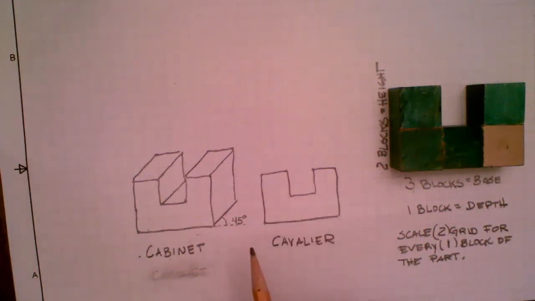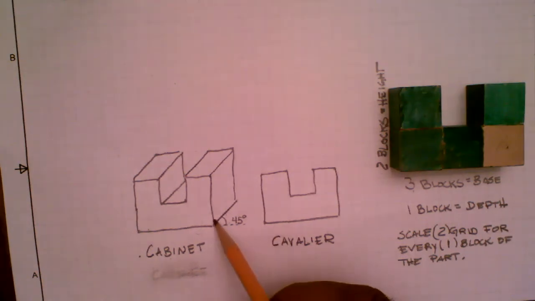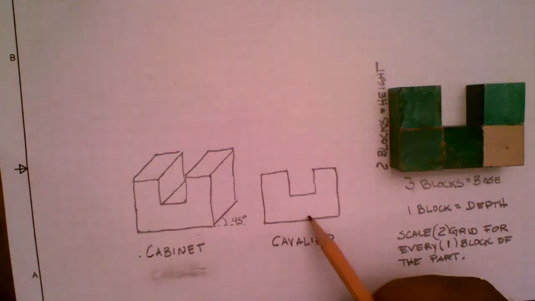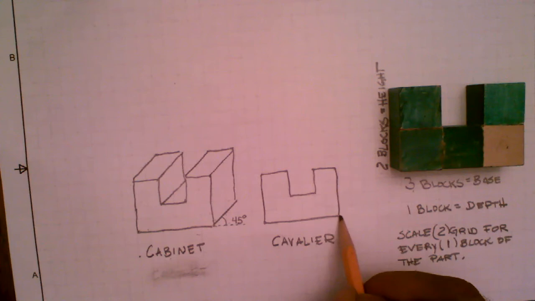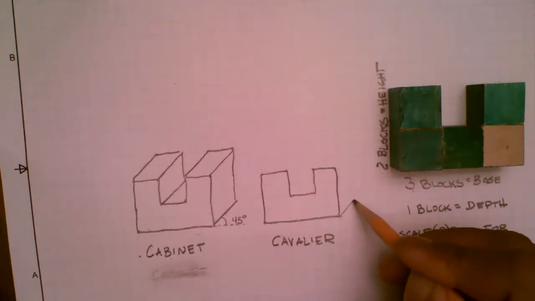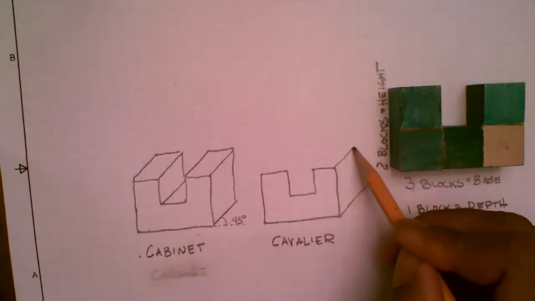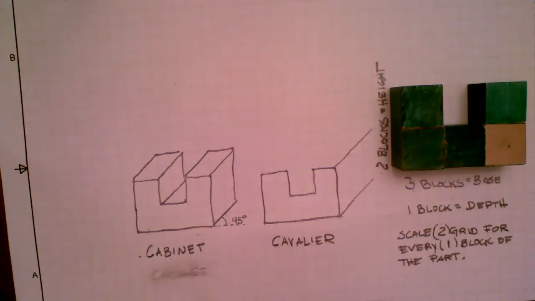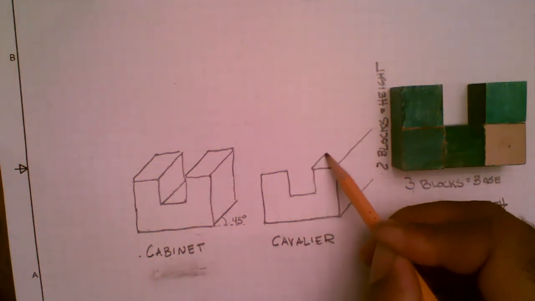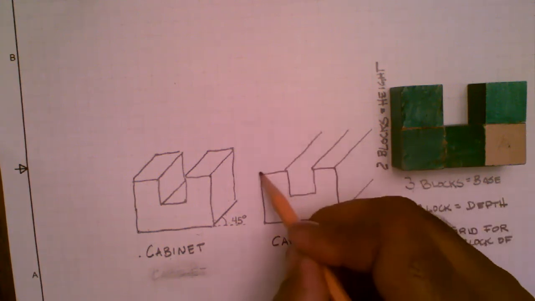To create a greater depth and distinguish the two, in the cabinet I went 2 boxes. For this cavalier, I'm still going to use my angle of 45 degrees, but I'm going to go back 3 boxes. 1, 2, 3. 1, 2, 3. I'm kind of running into my part there a little bit. 1, 2, 3.